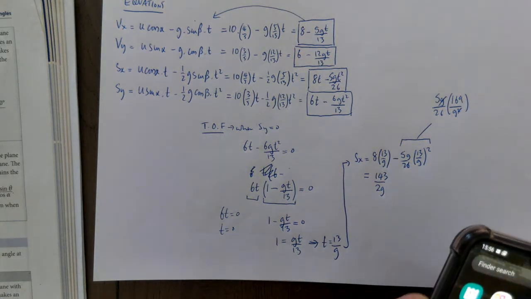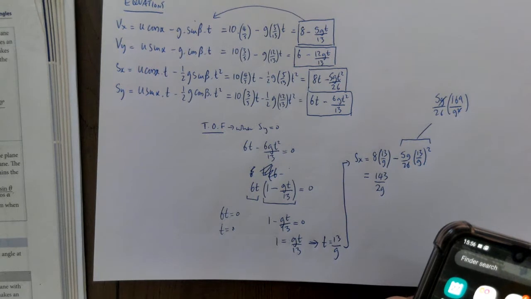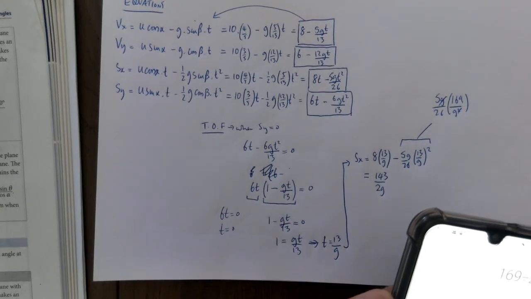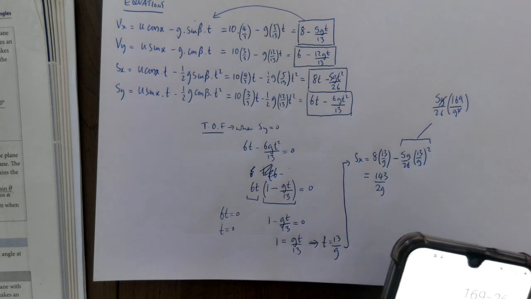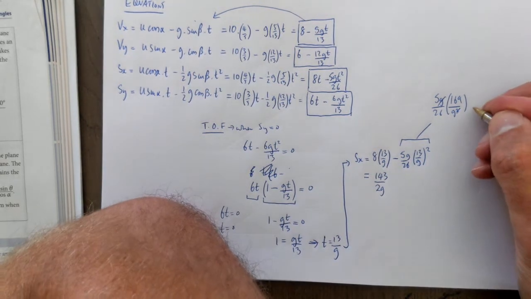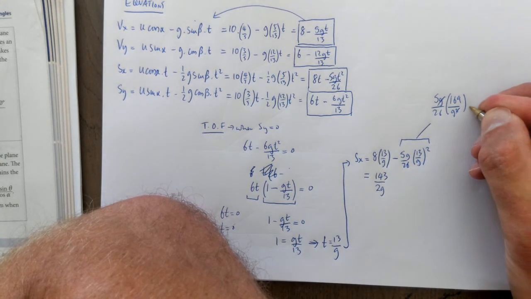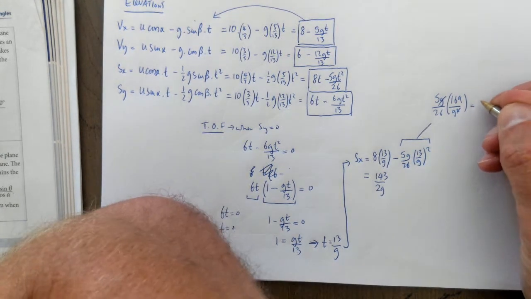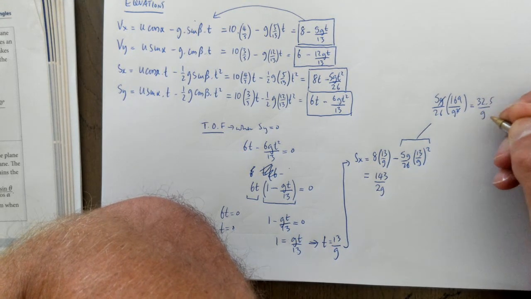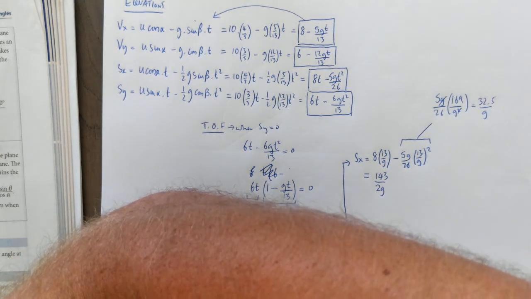Give me a second there. Let's get a calculator. 169 divided by 26 is 6.5, times 5 equals 32.5 over g. Okay.